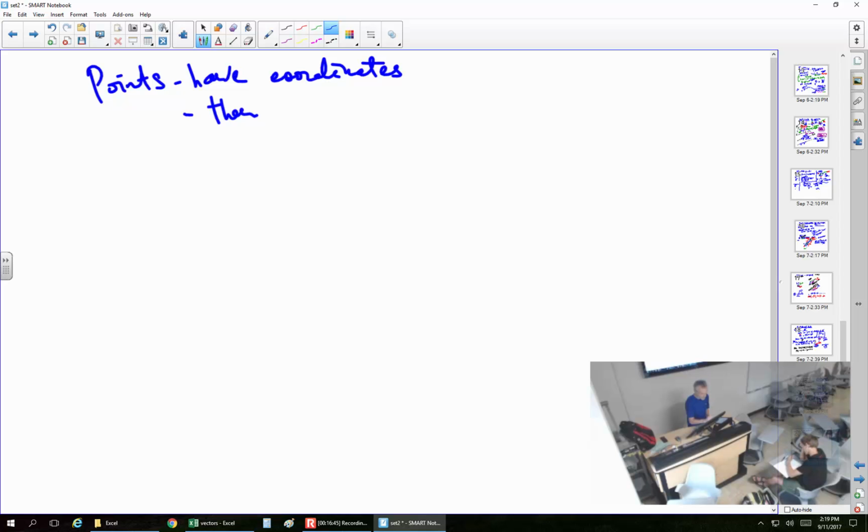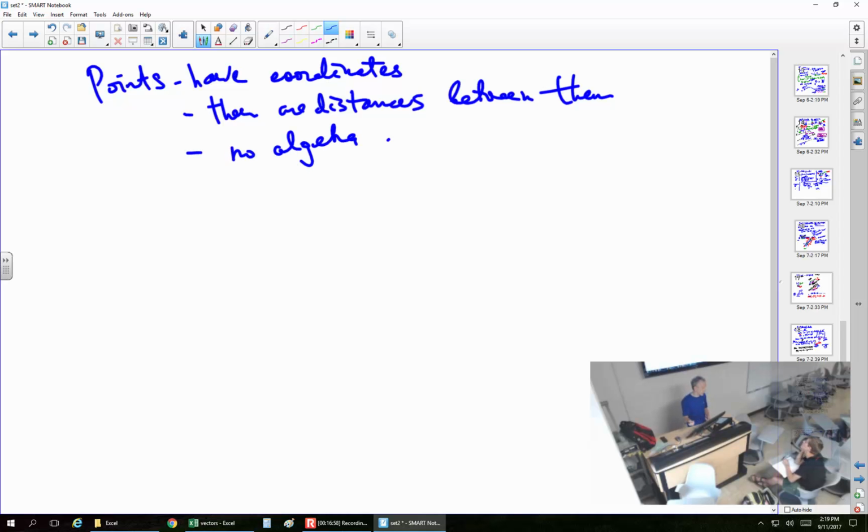Then what we can do with them, we can find their distances. So there are distances between them. Okay, there is no algebra. We don't add points.